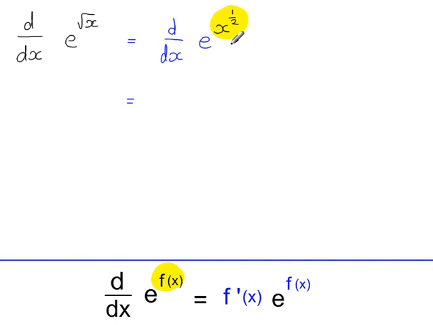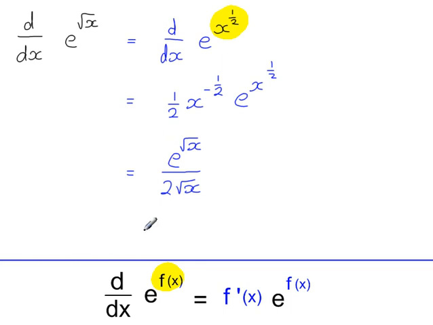So differentiating the x to the power of a half, so a half x to the power of minus a half, that's this part of the formula done, times the original function, so times e to the power of x to the power of a half. Or we can use the third form for the final answer.